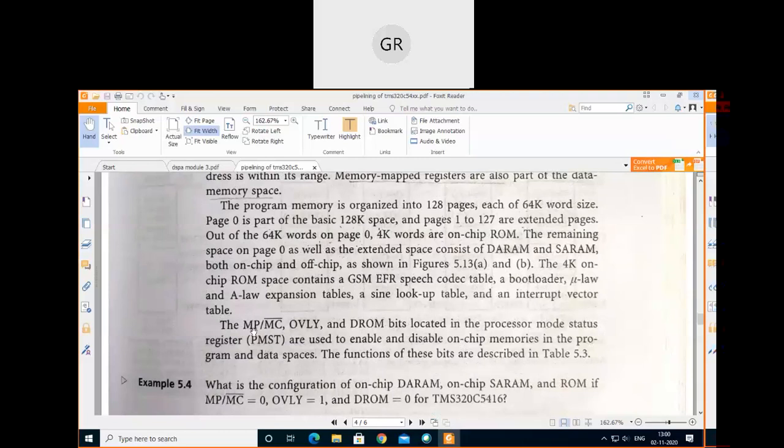The MP/MC bar, OVLY, and DROM bits, located in the processor mode status register, PMST, are used to enable and disable on-chip memories in the program and data spaces.